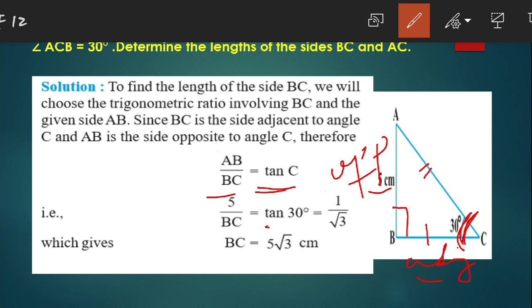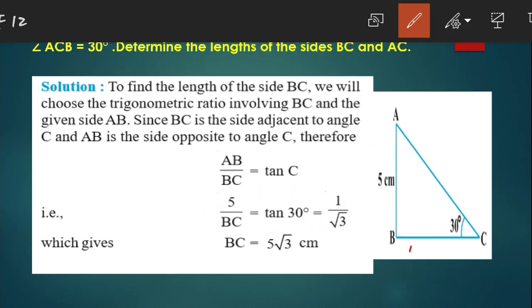That means tan 30 degree is equal to 5 by BC, putting the value 5 in place of AB. Also from the previous slide the value of tan 30 is 1 by root 3. Now if you do the cross multiplication, you will get the length of BC is 5 root 3 centimeter.